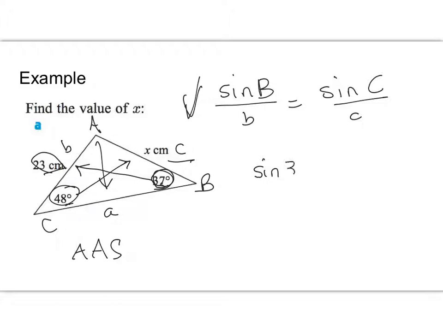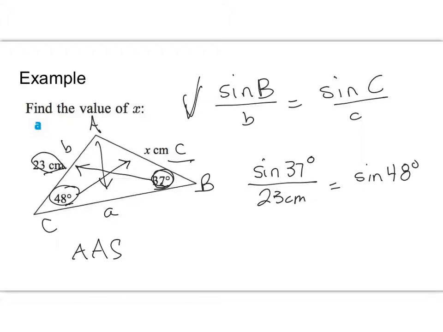Sine of 37 degrees divided by 23 centimeters equals the sine of 48 degrees, right?